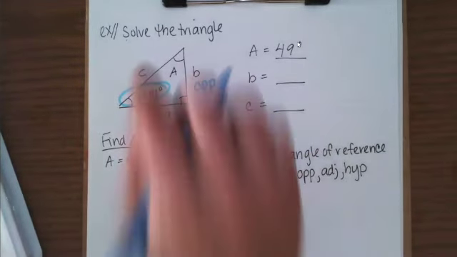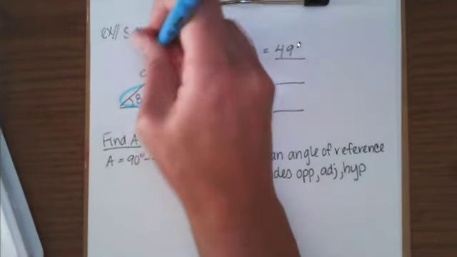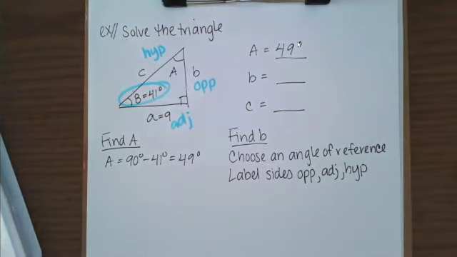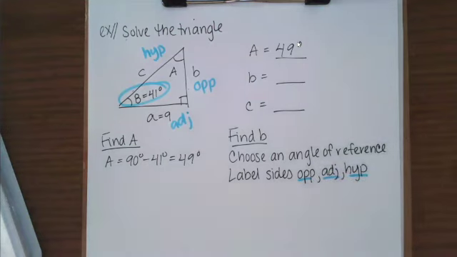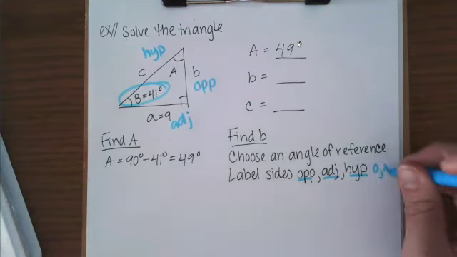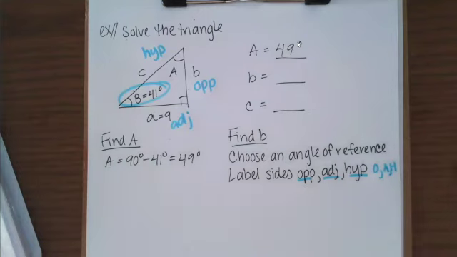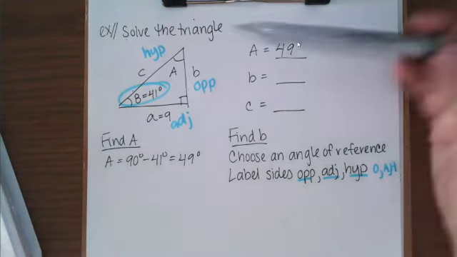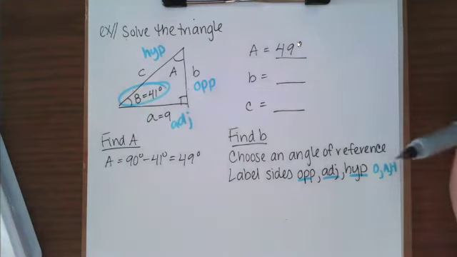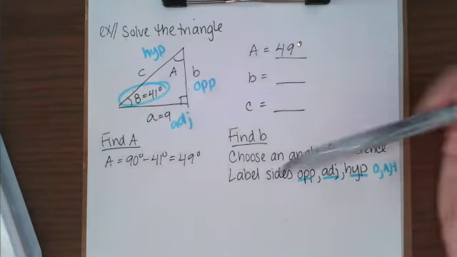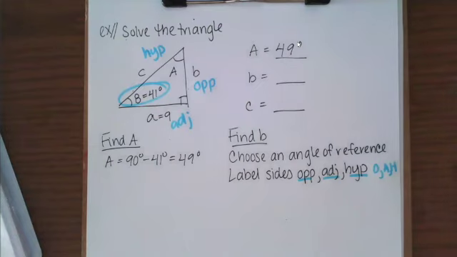And then of course, across from the 90 is the hypotenuse. Now I would recommend that you actually label them opposite, adjacent, hypotenuse like this and not OAH. The reason why you don't want to use O, A and H is because we have an A here and we have an A here. So if you have another one that's A, it can be really confusing as to what you're using. So if you get in the habit of just writing opposite, adjacent, hypotenuse, that makes it a little bit easier.